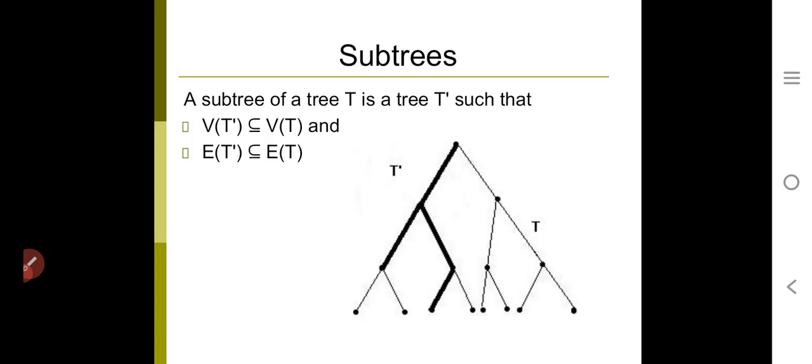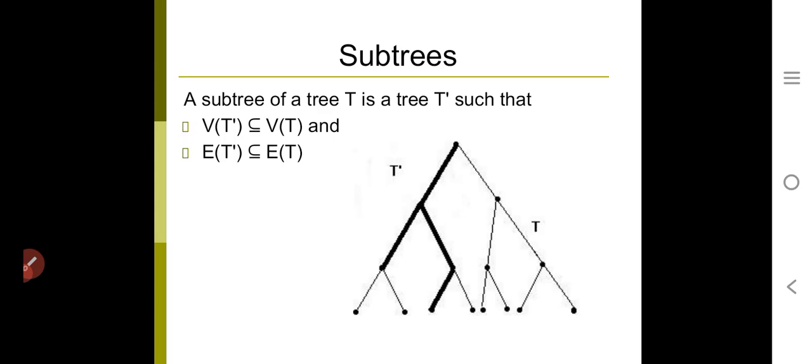Then we start subtree. So what is a subgraph? A subgraph contains a number of vertices contained in the main graph. Likewise, a subtree is a tree whose vertices and edges are contained in the main tree.